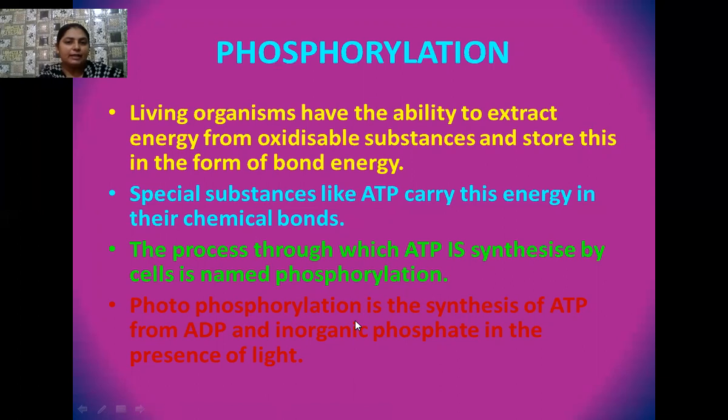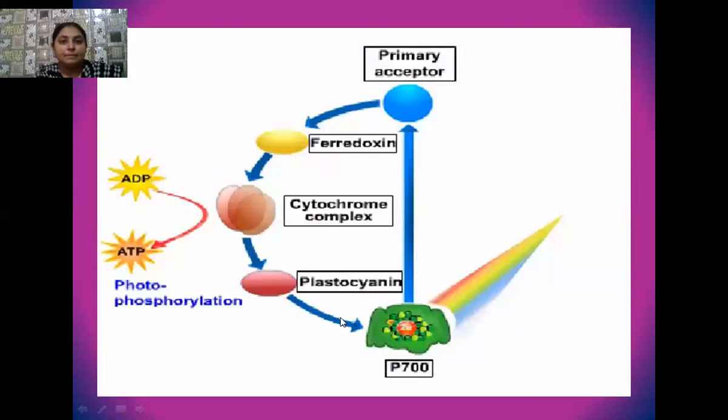So photophosphorylation means phosphorylation, the synthesis of energy rich molecules, that takes place in the presence of light. Photophosphorylation is the synthesis of ATP from ADP and inorganic phosphate or other energy rich molecules in the presence of light. Here I am going to show you the diagram of cyclic photophosphorylation.